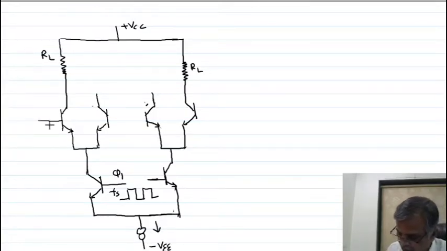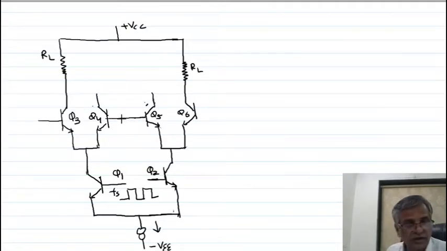See, I am giving the input signal to the base of Q1 with respect to the base of Q2, and to the differential pairs of transistors Q3, Q4 and Q5, Q6. Both are joined. Look again.